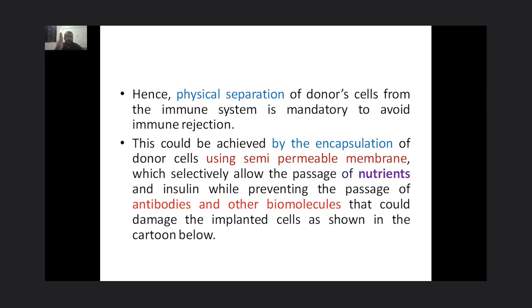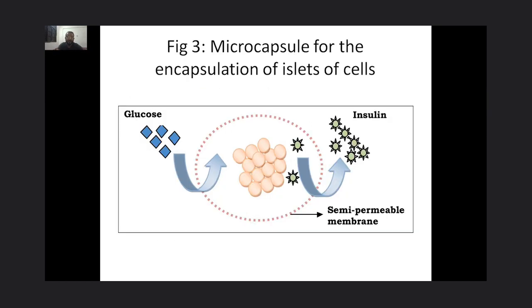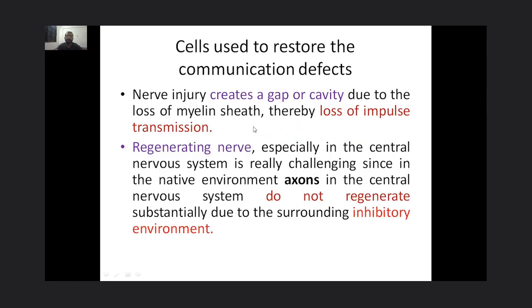This is how it looks: macrocapsules for the encapsulation of islet cells. We have glucose, which is a nutrient, and insulin, which are permeable and can go through the semi-permeable membrane, but other things like biomolecules and antibodies cannot go inside. Okay, so that was about synthetic defects.